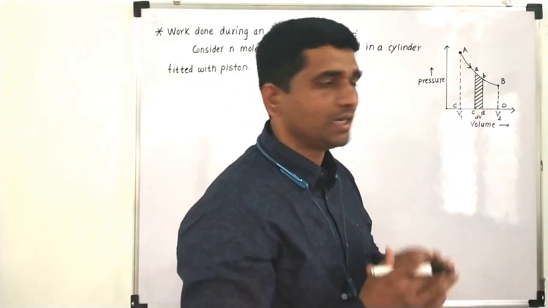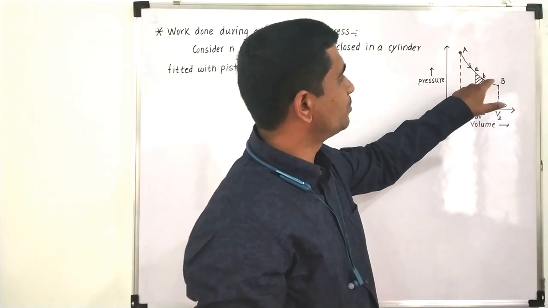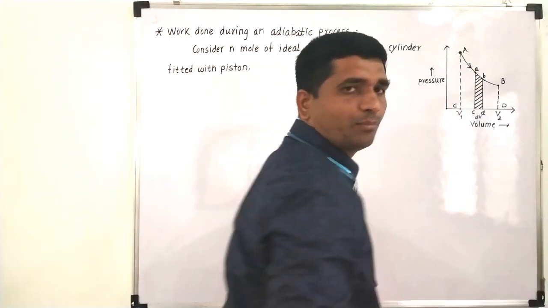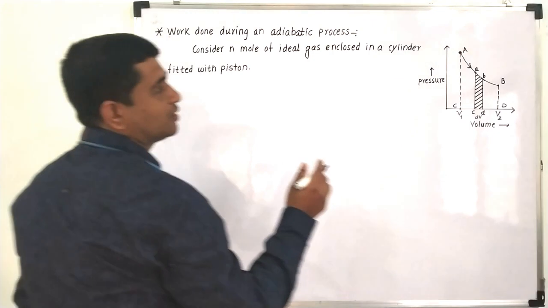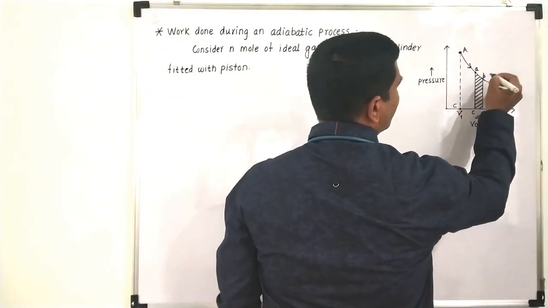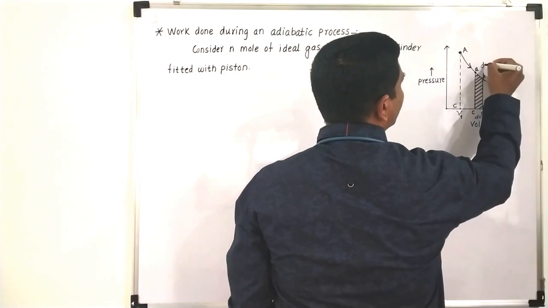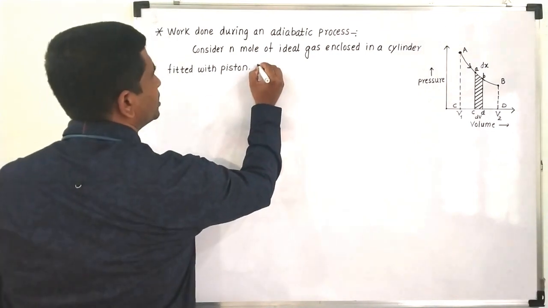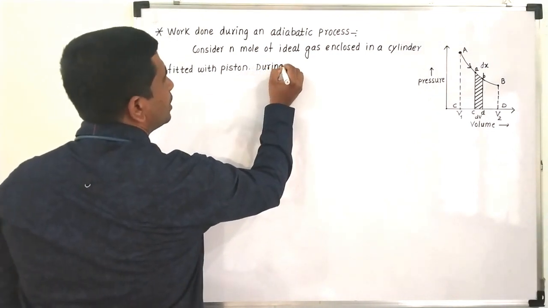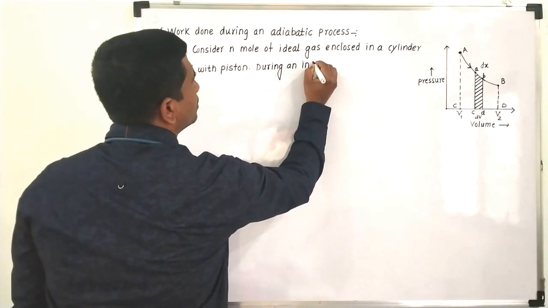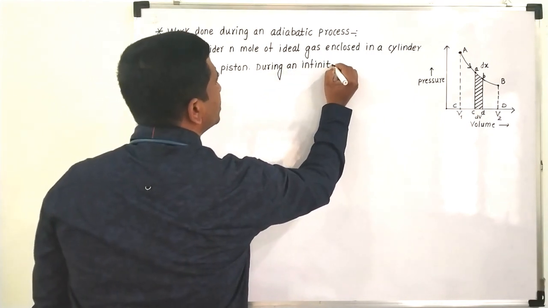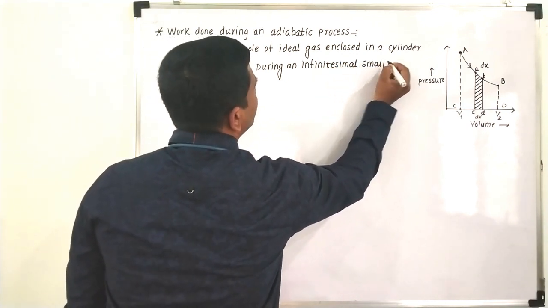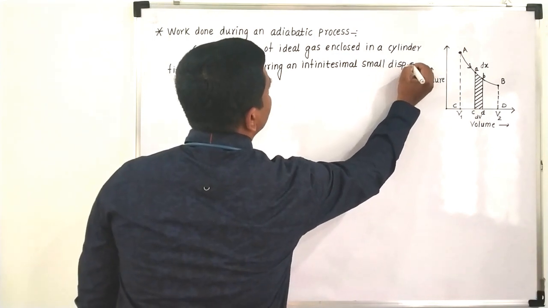For the sake of simplicity, let us consider any intermediate position, let us say we are at the point A. Suppose, while performing this task, we reached the point A. Let us say our piston is moving a certain distance dx, an infinitesimally small displacement dx.